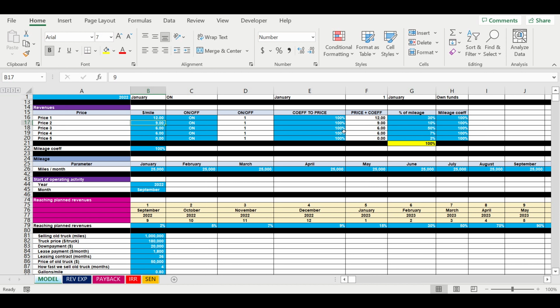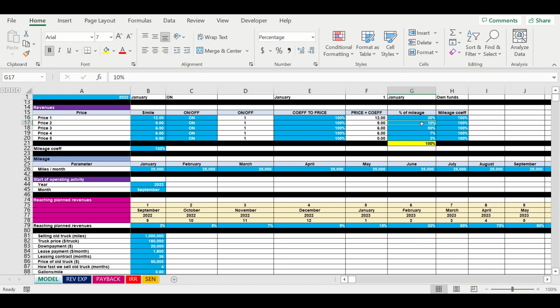For example, we have some mileage done during a typical month, and we have different pricing for different mileage. Let's say that 30% of the mileage done this month is priced at $12 per mile. It is the revenue parameter.